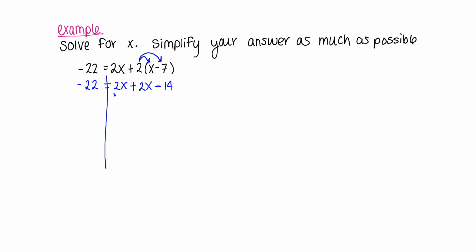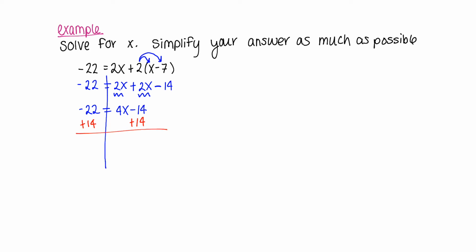I now have some like terms that I can combine. I have 2x and 2x. So I have negative 22 equals 2x plus 2x, which gives me 4x minus 14. To get the 4x completely by itself, I'm going to add 14 to both sides.